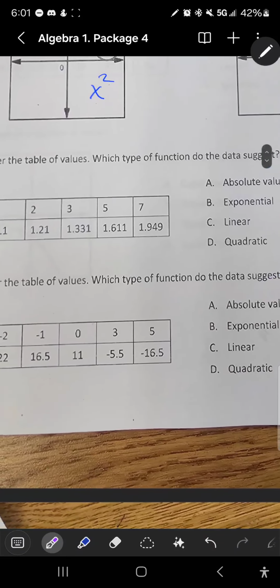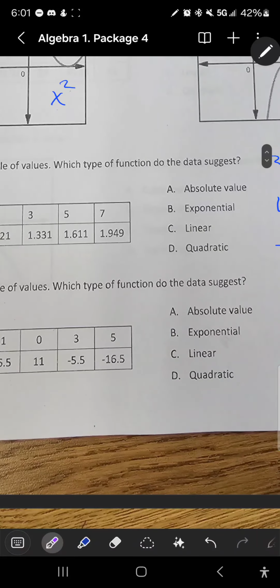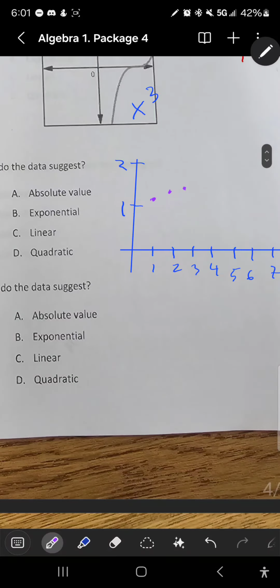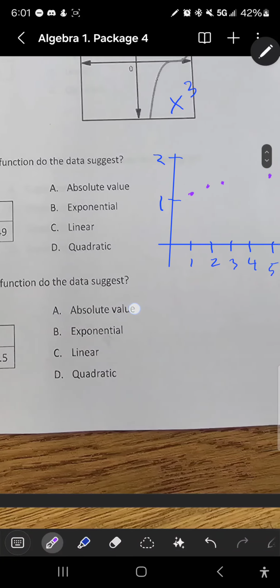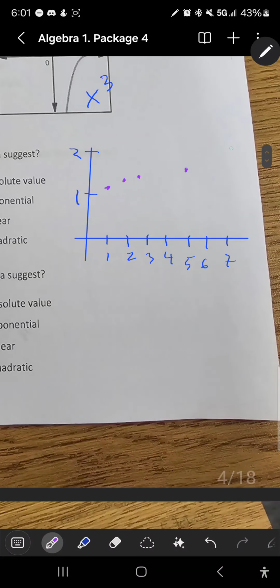Now 5, comma 1.611, and then 7, comma 1.949, so almost 2. So the equation that we have is something like this, but I don't see it as a straight line. I see kind of a pattern here.